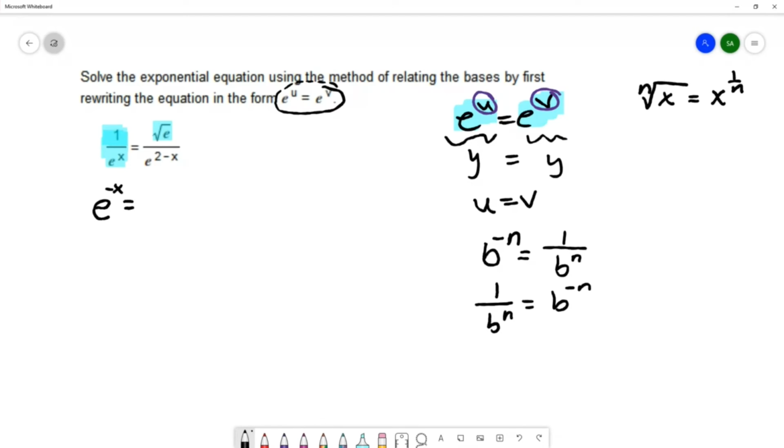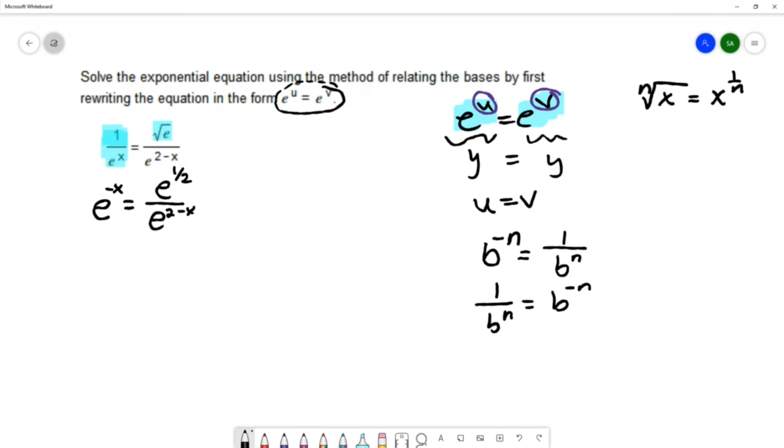We use a fractional power to indicate that we have a radical. So for this example with square root of e, we can write that square root of e as e to the 1/2 power. In the denominator, I'll leave that alone for the moment.